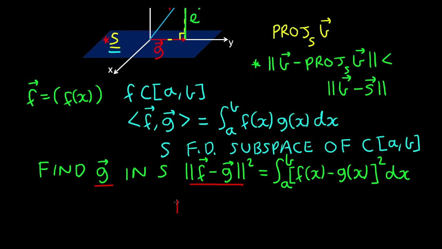So therefore the projection of f onto the subspace S is the function g. So this function g is the least squares approximation to f from the subspace S.